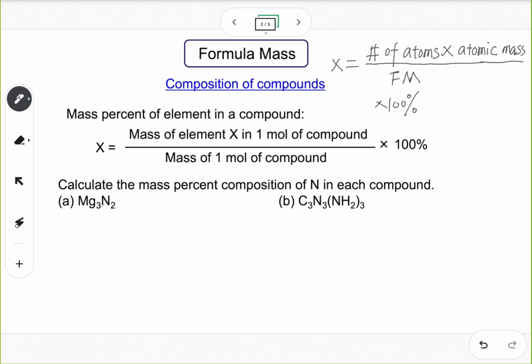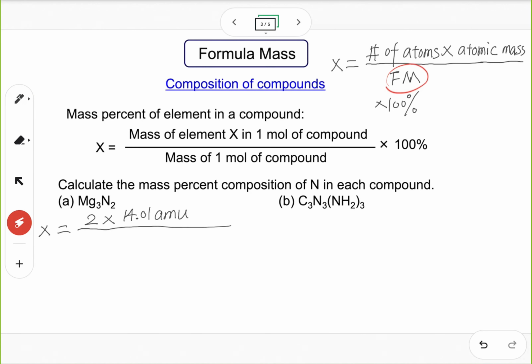The mass percent of nitrogen equals the number of nitrogen, which will be 2, times the atomic mass of nitrogen, which is 14.01 AMU or gram per mole, divided by the formula mass of Mg3N2.